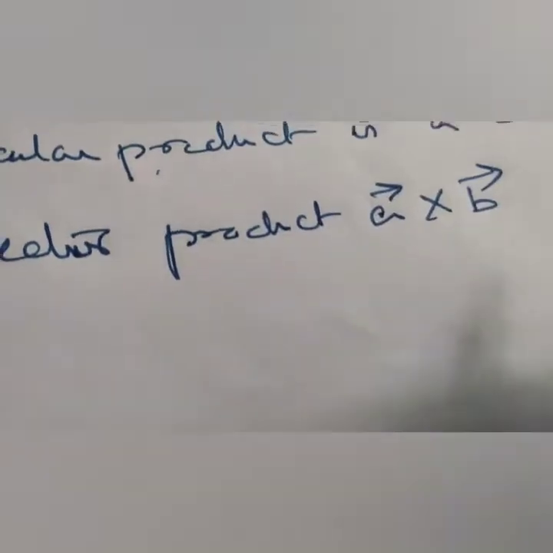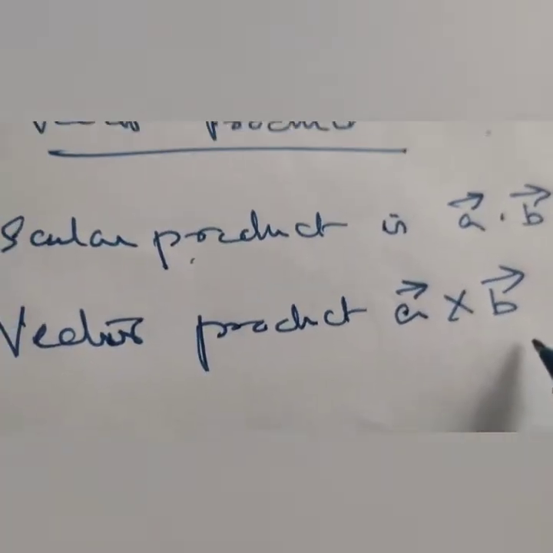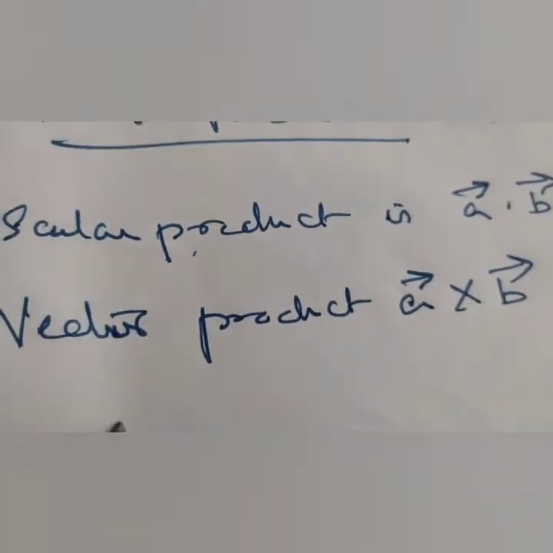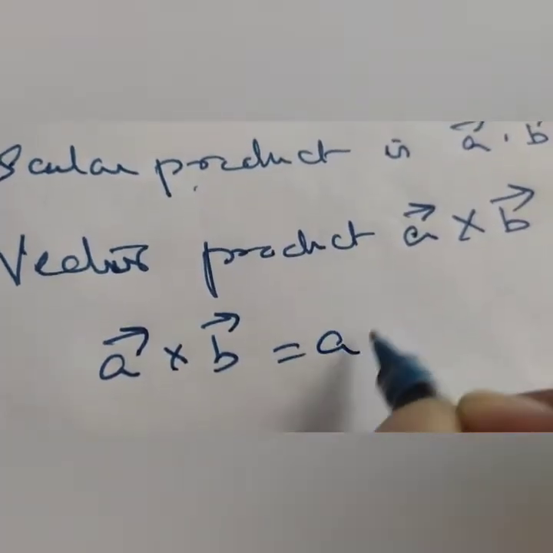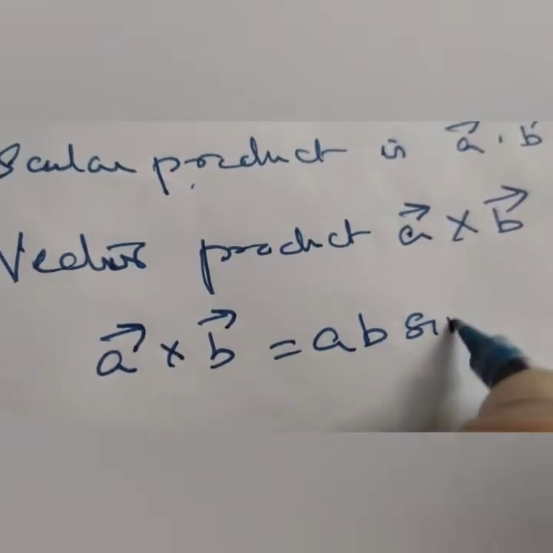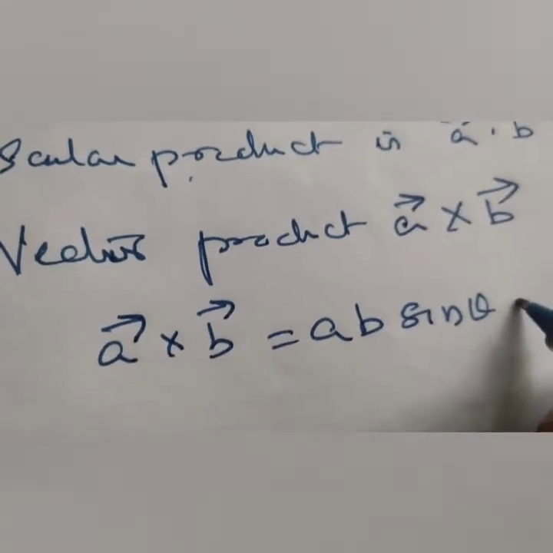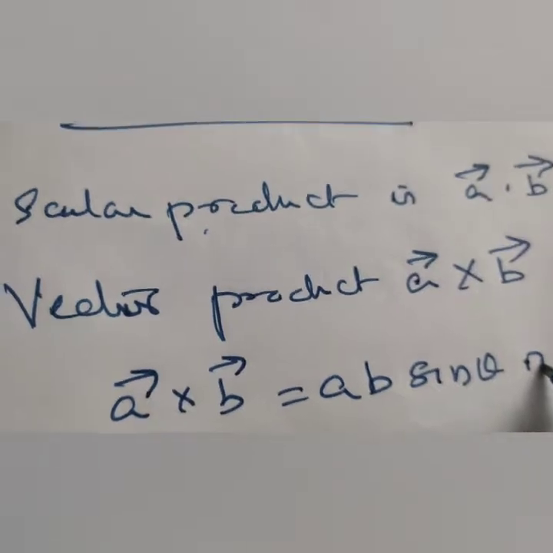That is defined as A cross B equal to AB sin theta and a unit vector n.